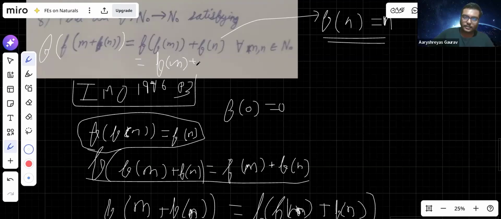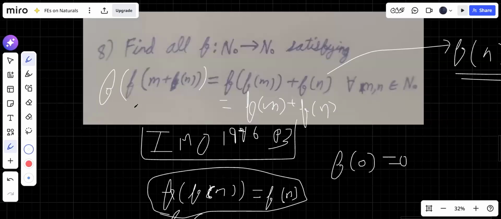Well, is this visible, because I'm just using white color on white? That is visible on the stream, so I guess it would be good. Now we take f on both sides.